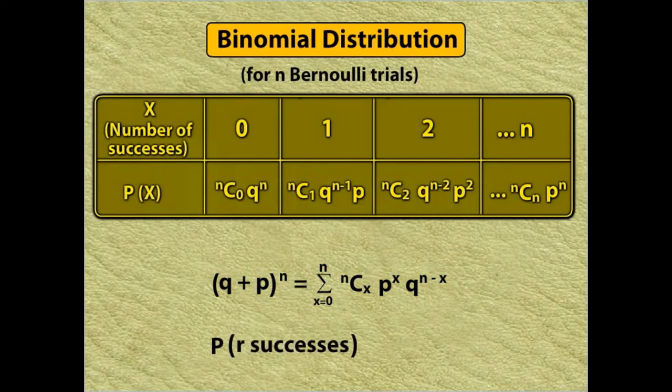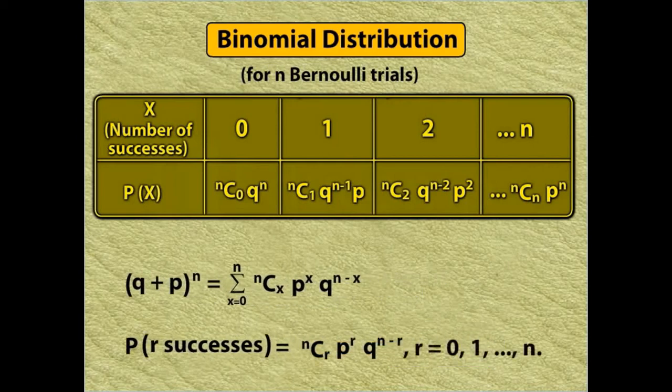the probability of r successes is given by the expression nCr p raised to the power r into q raised to the power n minus r, where r varies from 0 to n.